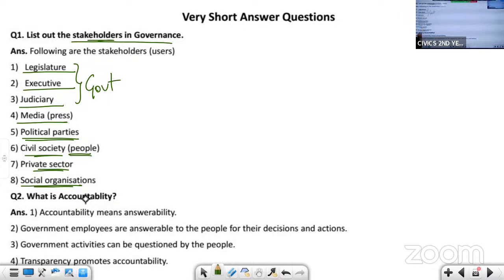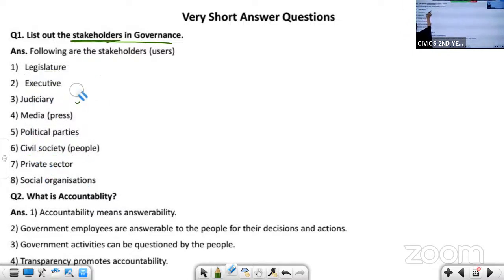All they are the participants or the stakeholders in the governance. They are the part of governance. It is not only legislature, executive, judiciary, but media, political parties, citizens, everybody, they are the part of governance.